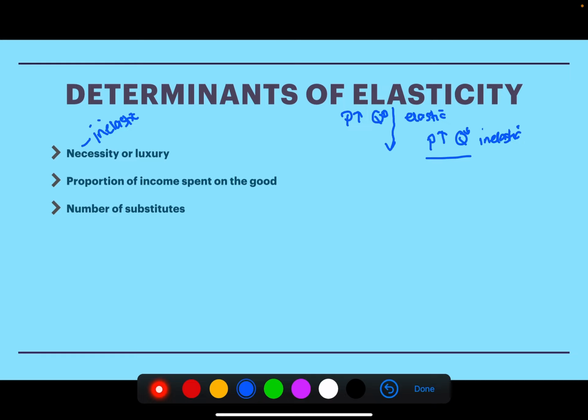Number of substitutes. Let's think about something like a Mars bar. Lots of substitutes. The price of a Mars bar goes up, then you can switch to a Twix or a Bounty quite easily. So the price goes up, the quantity demanded is going to go down significantly.